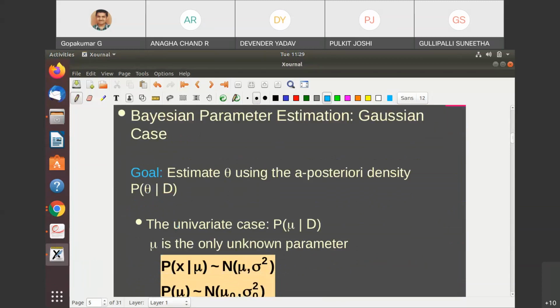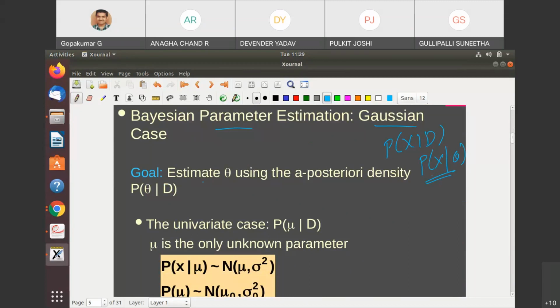With that in mind, let us see how we can do Bayesian parameter estimation. Assume the form of probability of x given theta is known, for example that they follow a Gaussian distribution.